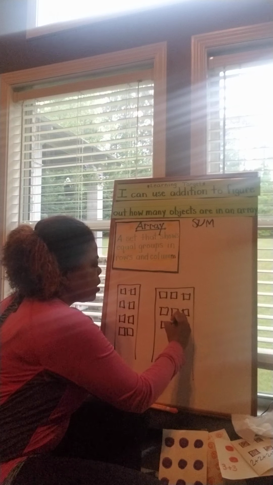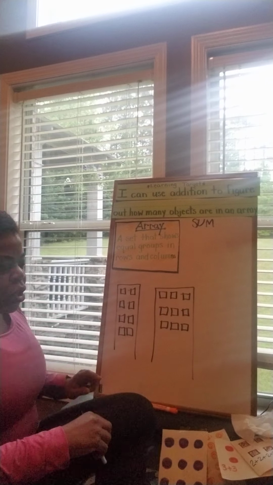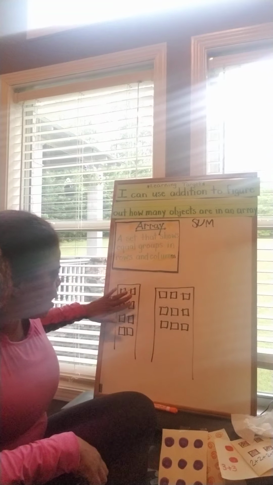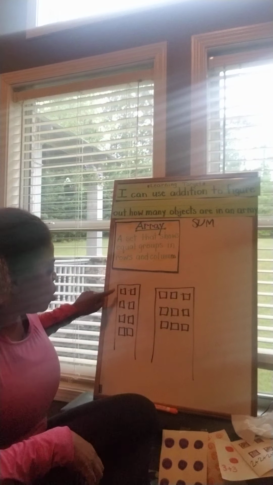Here's a building, here's an array. Okay, and then I want you to tell me the repeated addition sentence. We're talking about what? The windows in the building. So this would be what? 2 plus 2 plus 2 plus 2. Or you could say 4 plus 4. This would be what? 3 plus 3 plus 3. And it's the same way going columns or vertically, 3 plus 3.